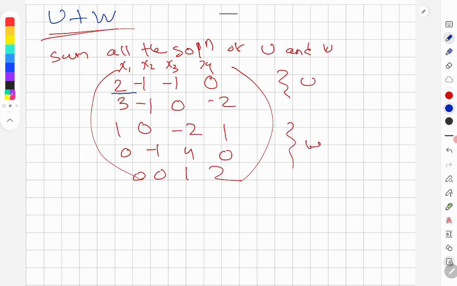So your idea is to make the steps and you will see something will be eliminated, one row will be all 0. For me, the best approach is to take this one up.